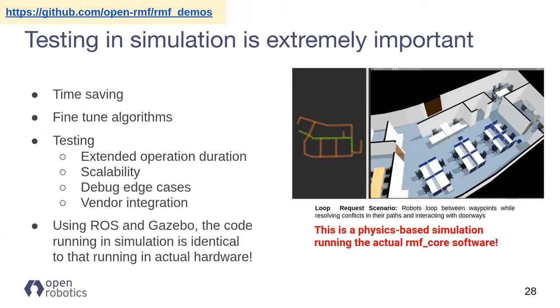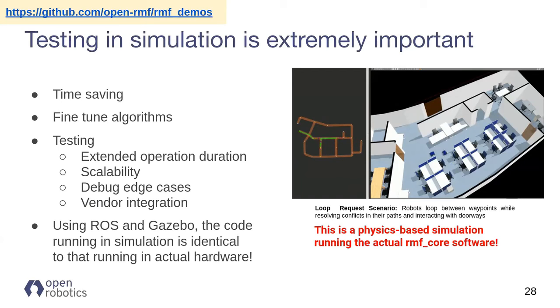Hardware is a pain, so you want to make sure that when you get to the hardware part, your software is fine-tuned and doesn't have too many bugs, because otherwise you only want to focus on the hardware issues that you have, and you want to have your software very, very fine-tuned, right? So simulation saves a lot of time.